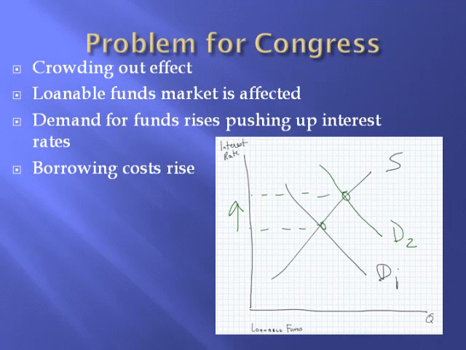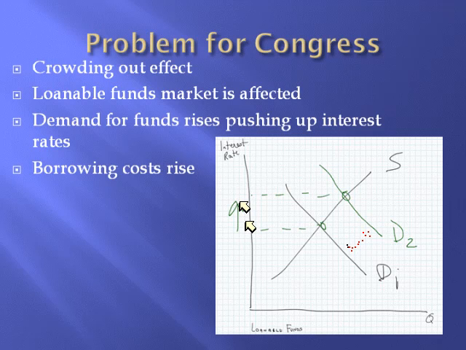And what that does, just like in any other market, when the demand increases, then the interest rate rises, or the price rises in this case. So we see here the price going up as a result of that increase in demand, and the interest rate is the price that you pay to borrow money.